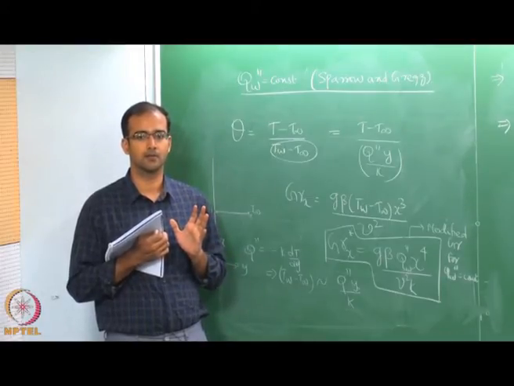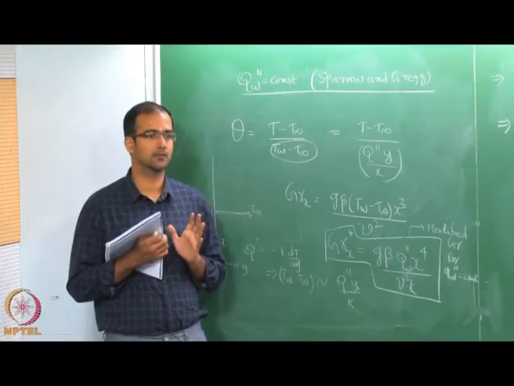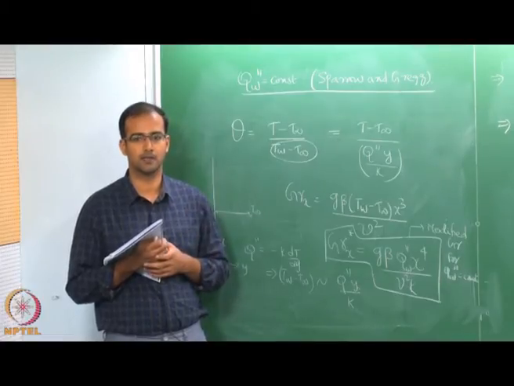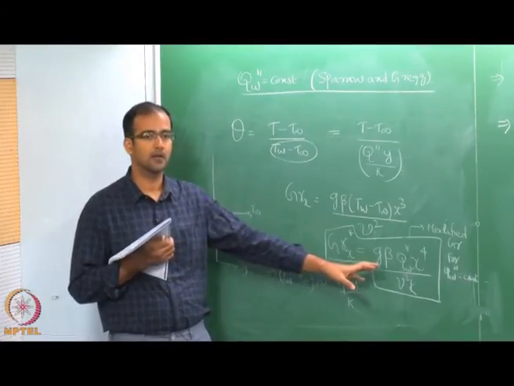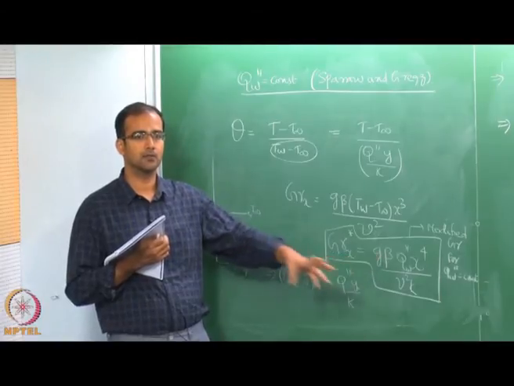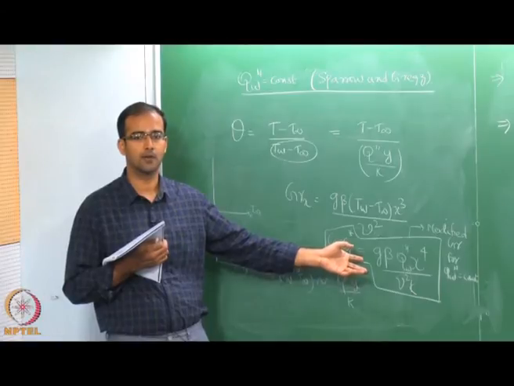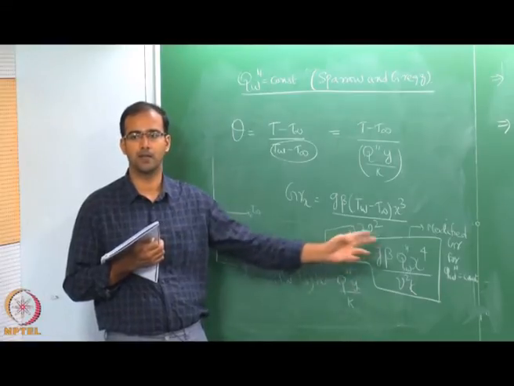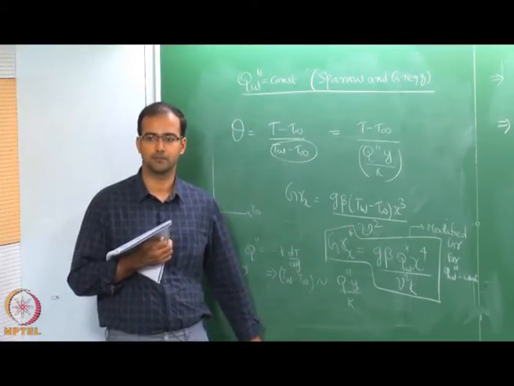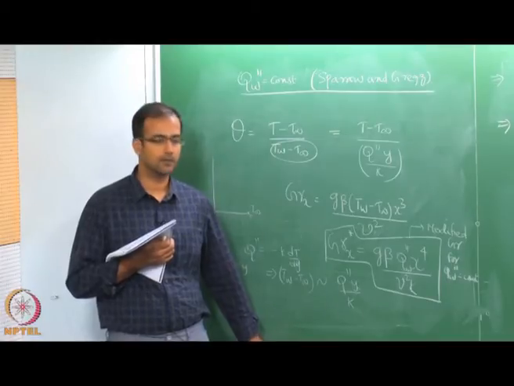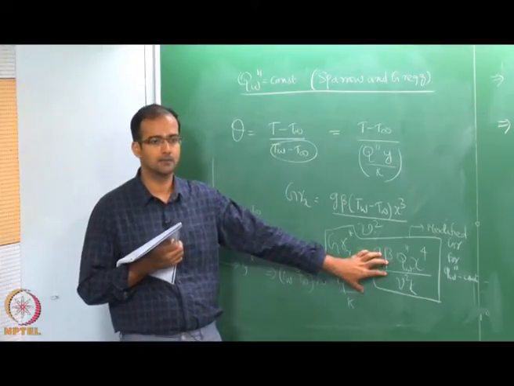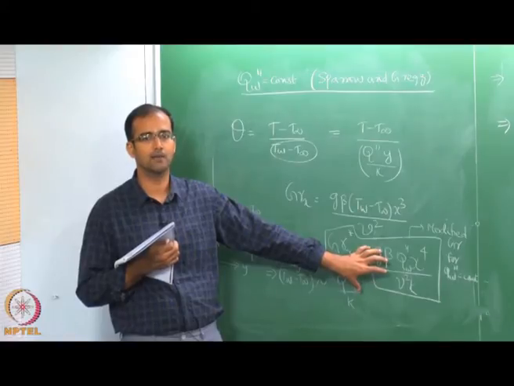That is all you have to be worried about. We should not complicate it further. Once you know your heat flux, put it into this, and now you have a local Grashof number varying as a function of x.